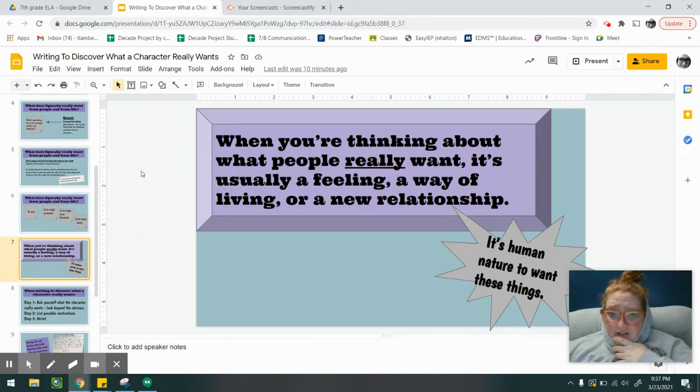But whenever you ask yourself what people really want, the answers you're going to get are usually something like a feeling, a way of life, or some sort of relationship, like loneliness, as I just said about Squeaky, or like she wants to have friends. That's a relationship, right? Everybody, no matter who you are, it's human nature to want those things. So that's the kind of stuff that's going to come up when you start to do this kind of work.